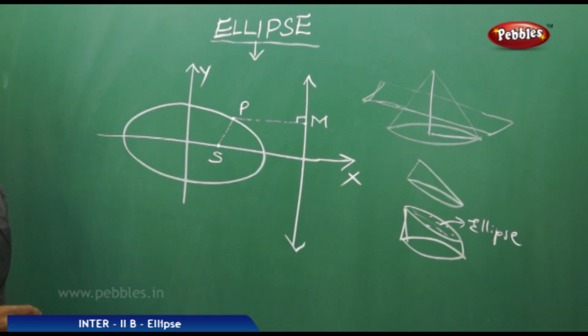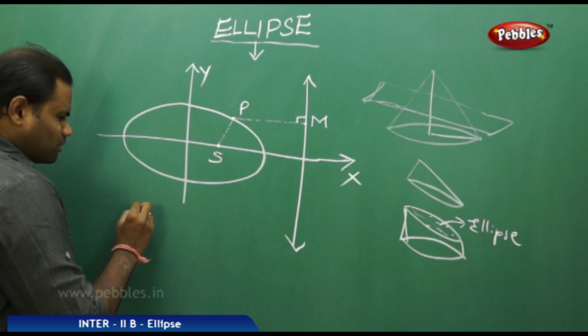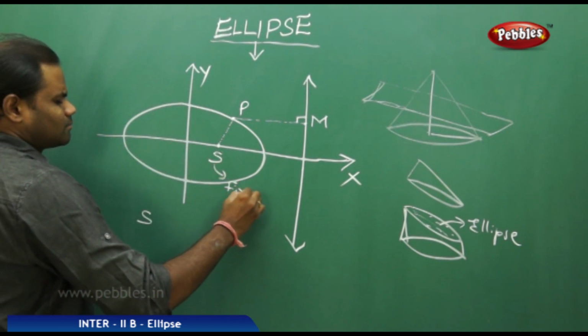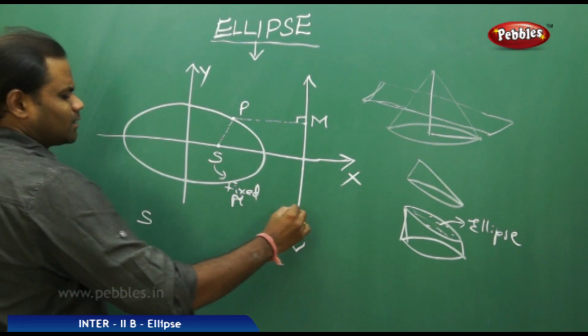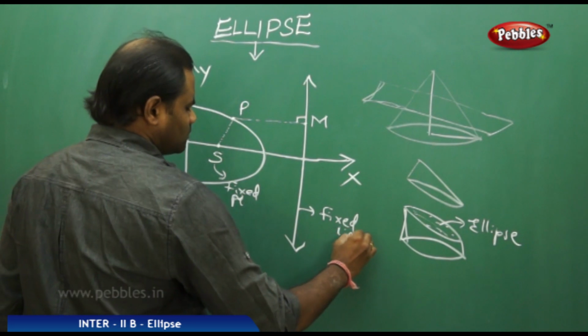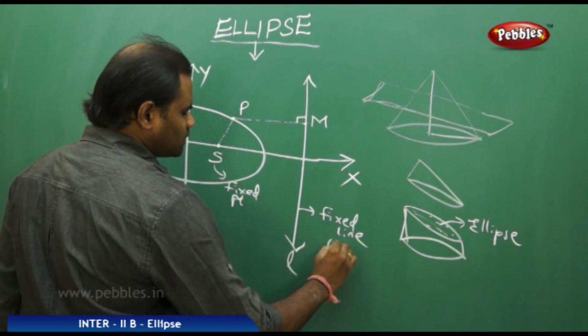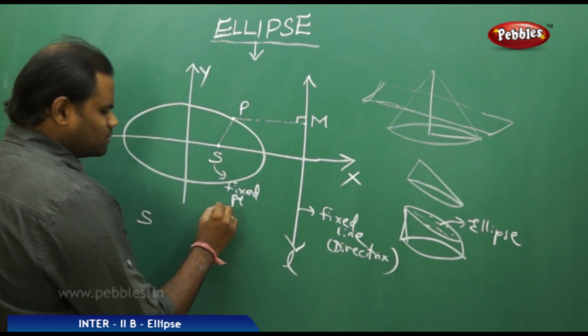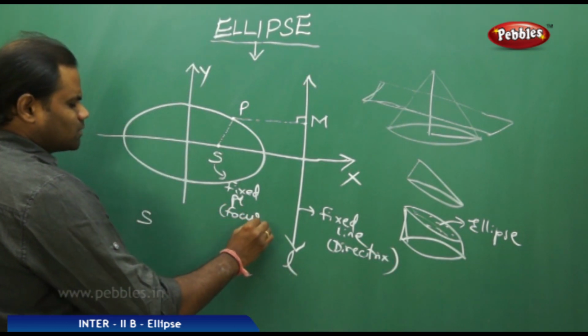Now we have the definition of the ellipse, which is generated from the fixed point S and a fixed line L, which is called the directrix, and this which is called the focus.